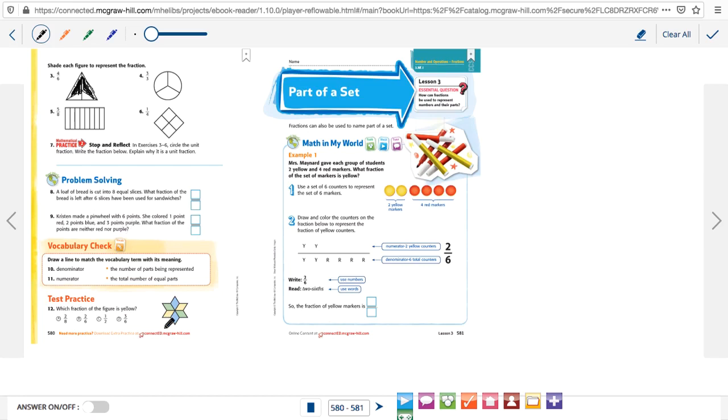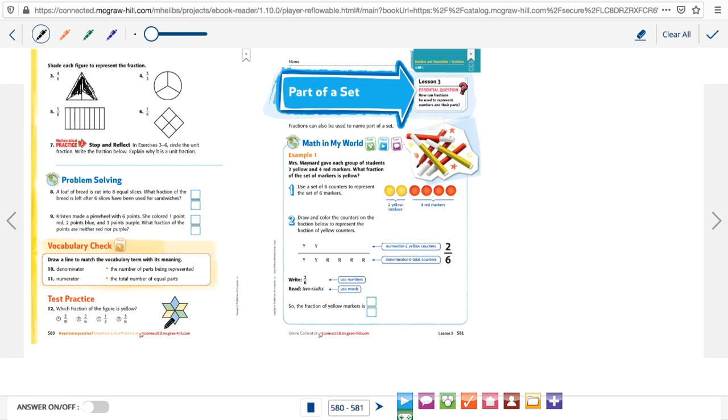A loaf of bread is cut into 8 equal slices. What fraction of the bread is left after 6 slices have been used for sandwiches? So what students need to think about here is there is 8 slices total, and that 6, so what fraction of the bread is left after 6 slices have been used?